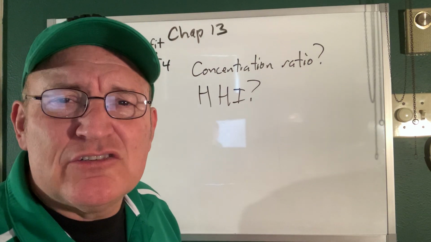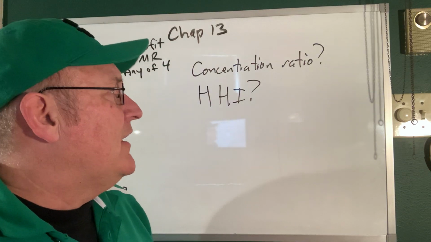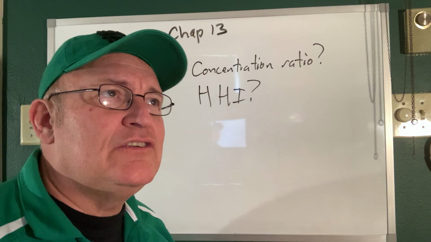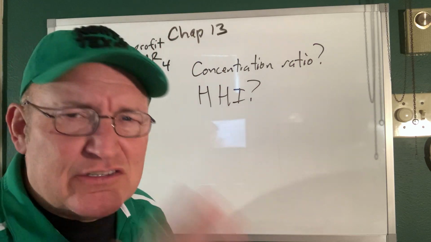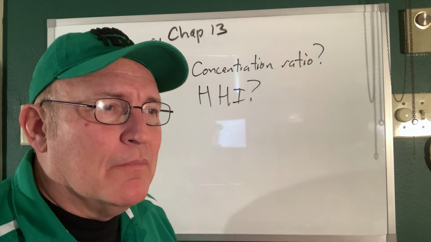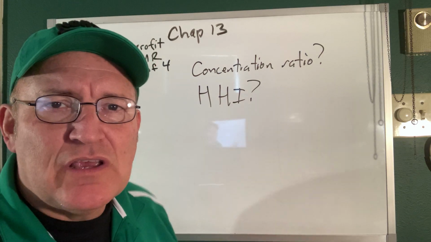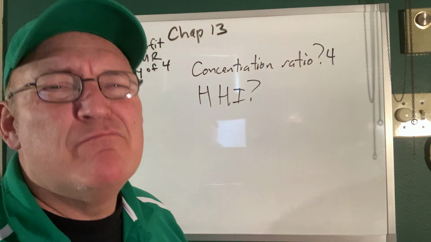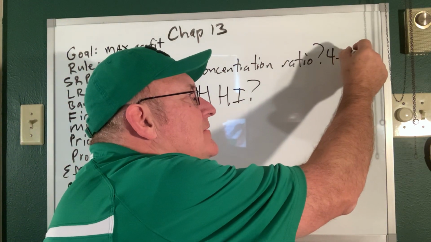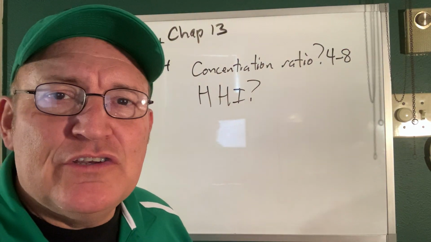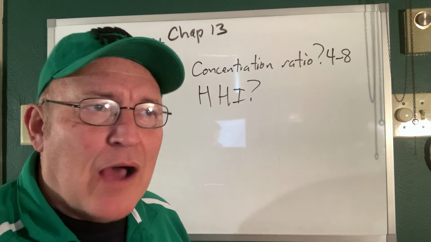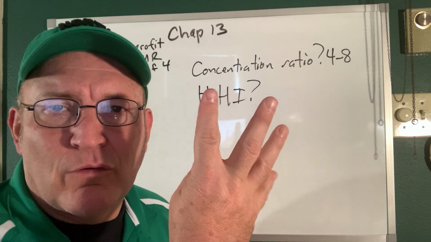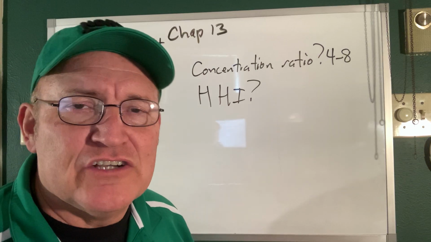And so again, I'll just give you the punchline to the joke. When it comes to concentration ratio, generally speaking, I mean, this isn't hard and fast, okay? But you look at a few firms. Usually it's the top 4 firms, but I've seen it as much as 8. And what you do is you look at the top, let's say 4 to 8 firms, and the examples I'm going to use, I'm going to stick with a four-firm concentration ratio.